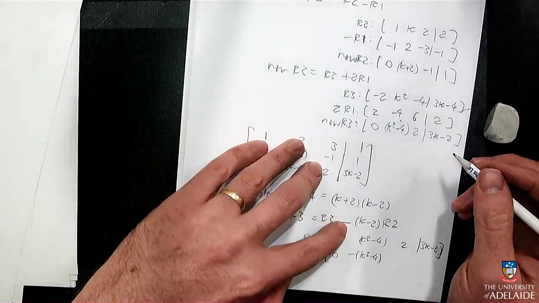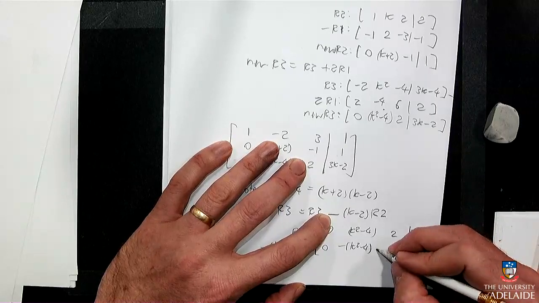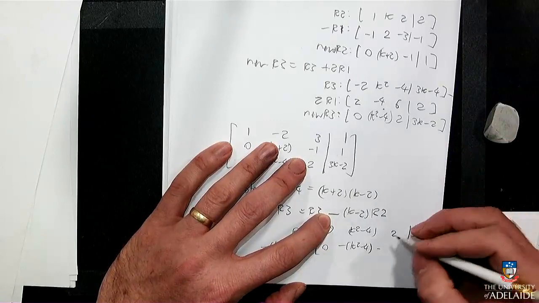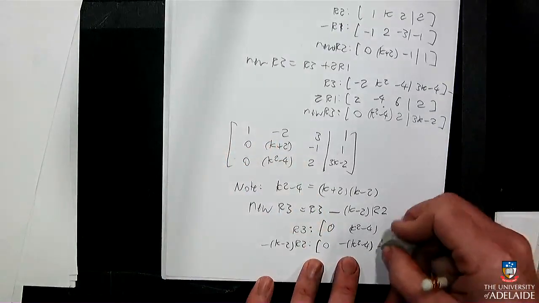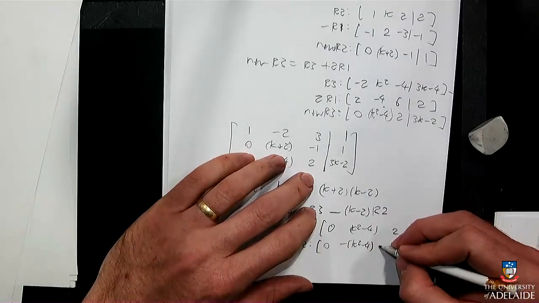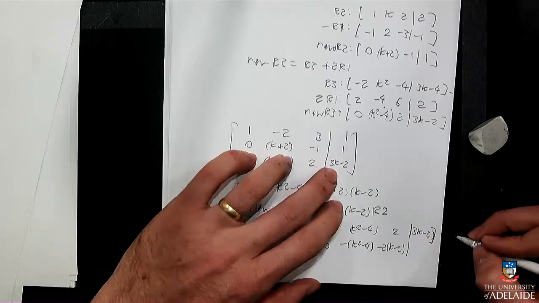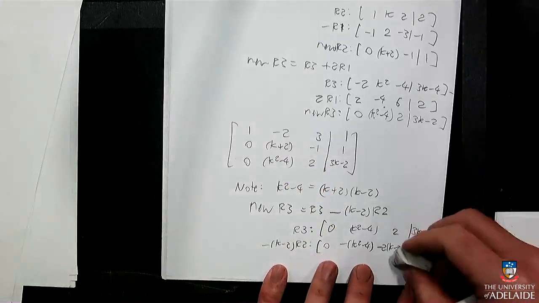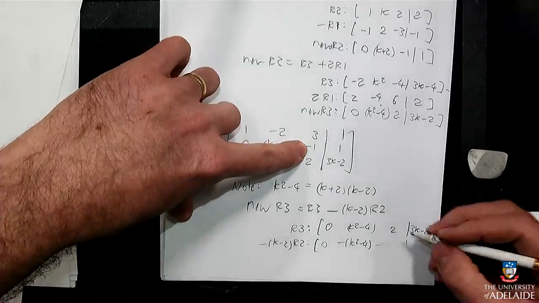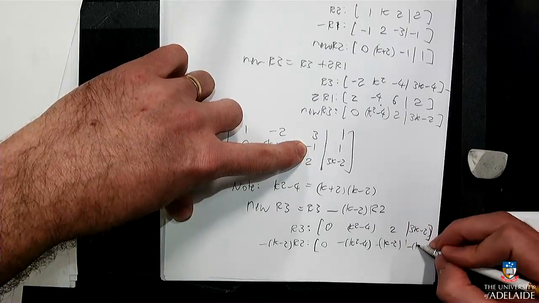And minus k minus 2 times 2 would be minus 2k minus 2. No, wait. I'm multiplying row 2, aren't I? So this will just be k minus 2, because they are times by minus 1. And this will be minus k minus 2.